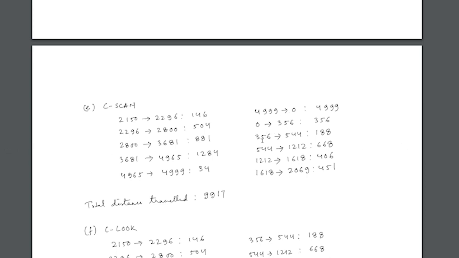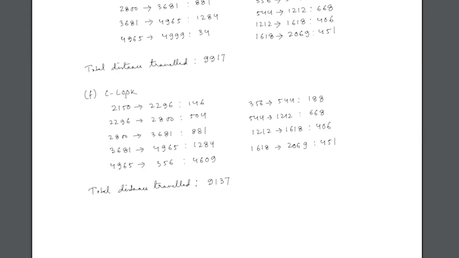From 356, it is going to go to 544, from 544 to 1212, and this is the direction it is actually going in, because it is going from left to right. When it immediately came from right to left, it did not take care of anything. It's only taking care of things again once it has reached all the way to the left. And when we add all of these numbers, we get 9917. The biggest chunk is coming from the sweep from the end here at 4999 all the way to 0, and that is 4999. That is the C-SCAN algorithm.